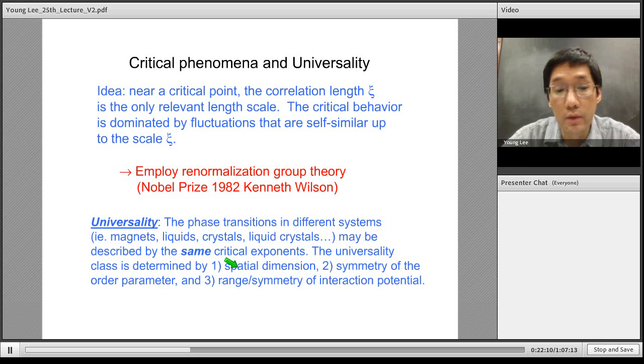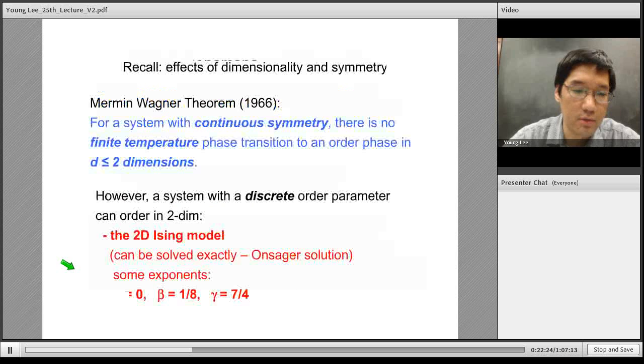Okay. So again, the physics that I'm going to talk about isn't just particular to these particular magnets, but will apply to other materials with similar dimensionality and symmetry of the order parameter.